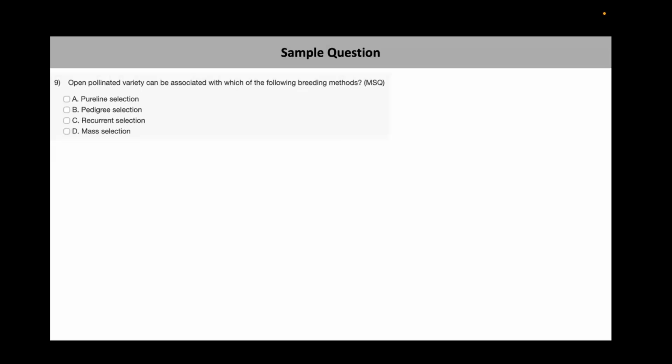Now the next question is: open pollinated variety can be associated with which of the following breeding methods? This is an MSQ type question, so multiple answers can be correct.